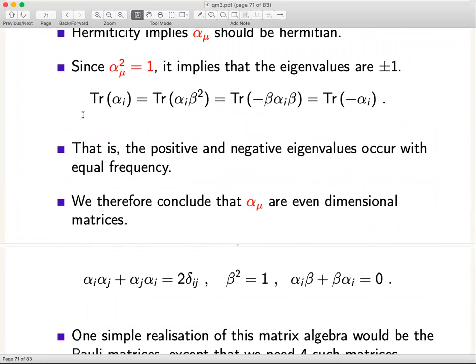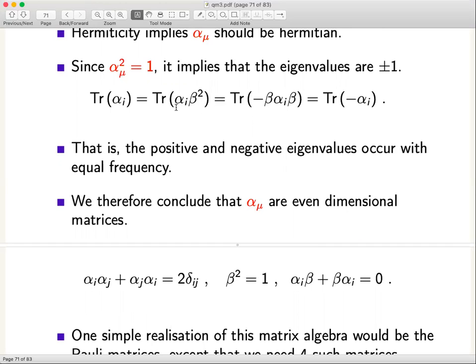We have the trace of alpha I, and we write that as the trace of alpha I times beta squared. That is kind of a trivial thing to do, because beta squared is just 1. It's the identity matrix, so multiplying any matrix by the identity matrix cannot change the trace. Now we write this expression as alpha I times beta times beta. Beta squared is just the product of 2 betas.